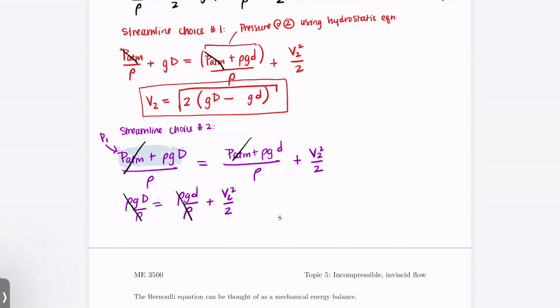And then I am left with 2 times the quantity of G capital D minus G lowercase d. And then I take the square root of that and get V2. So you'll notice I got the exact same answer. So it doesn't matter. I don't think either one was more difficult than the other. Feel okay to everybody? Okay, cool.